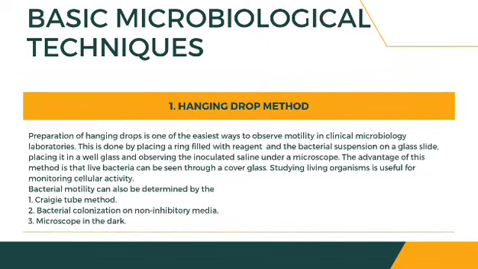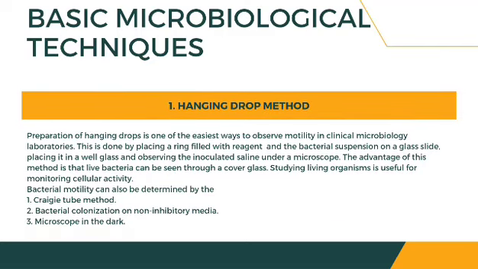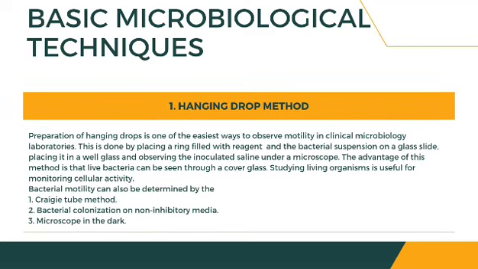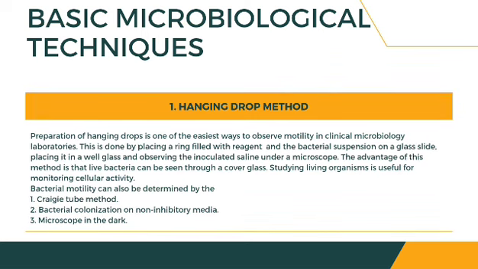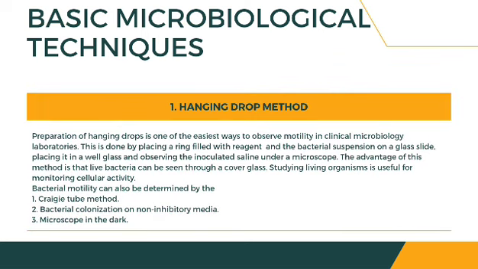So, the hanging drop method. Preparation of a hanging drop is one of the easiest ways to observe motility in a clinical microbiology laboratory. This is done by placing a ring filled with reagent and the bacterial suspension on a glass slide, placing it in a well glass and observing the inoculated saline under a microscope.